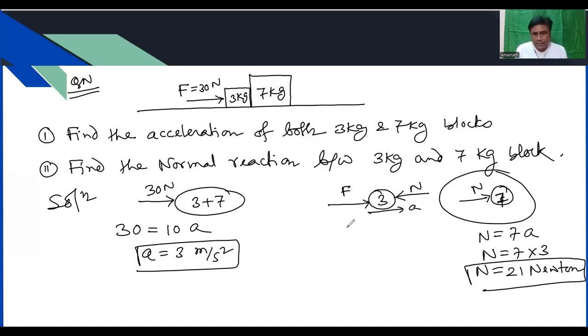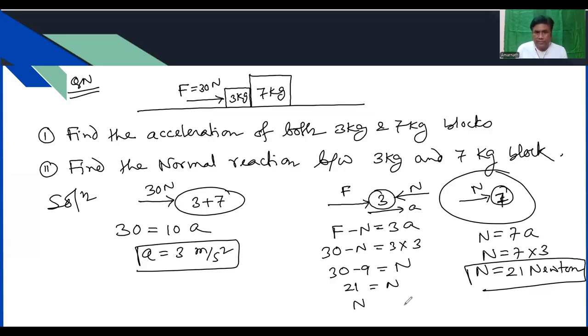F is net force, so F minus N equal to 3 into A. F is 30 minus N, 3 into 3. So it means 30 minus 9 equal to N. So 21 equal to N. N equal to 21 Newton. Okay?